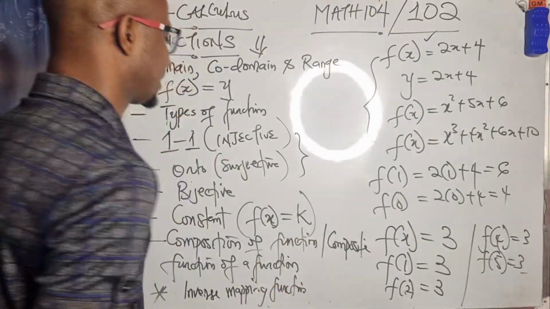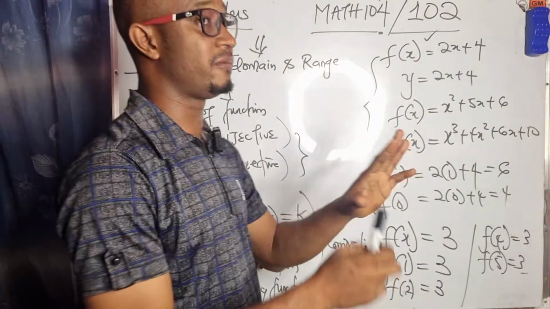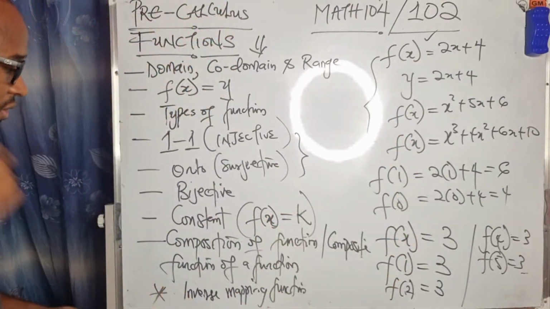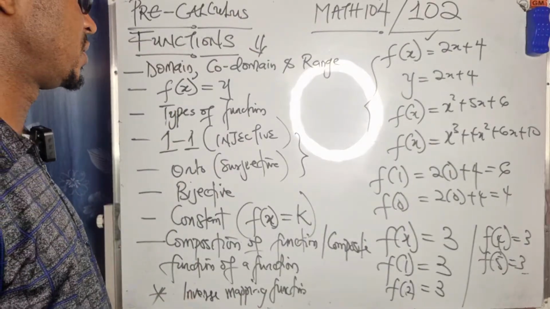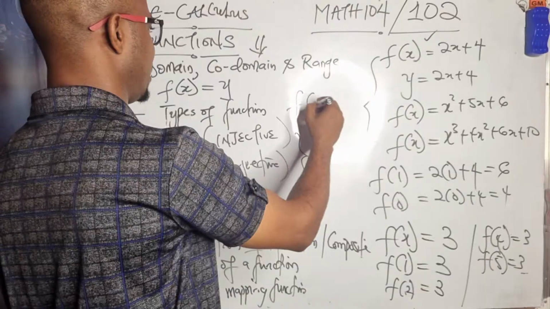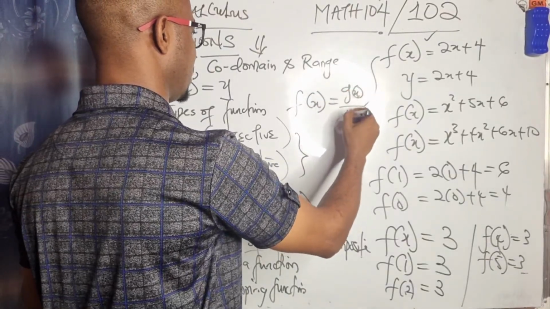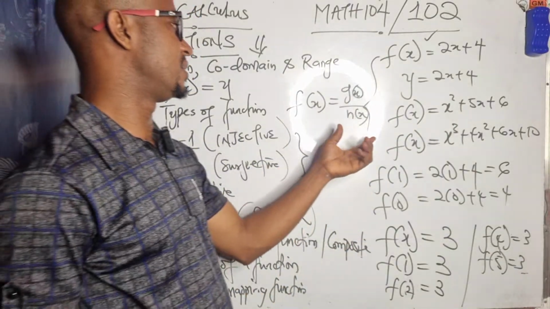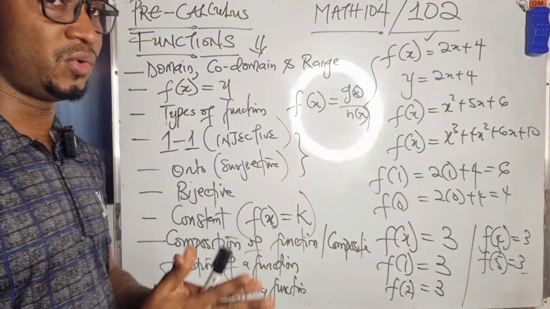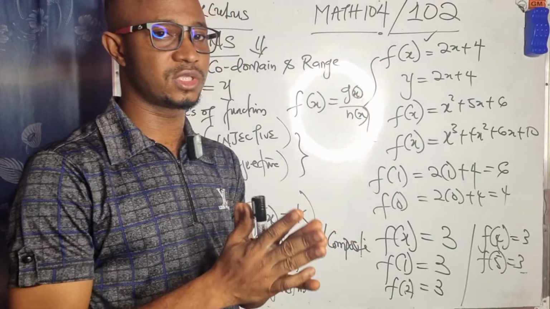Then other types of function, like I said, we have the polynomial function. We have what we call the rational function. Rational function is of this type: f of x equals g of x over h of x, where both the numerator and the denominator are polynomials.